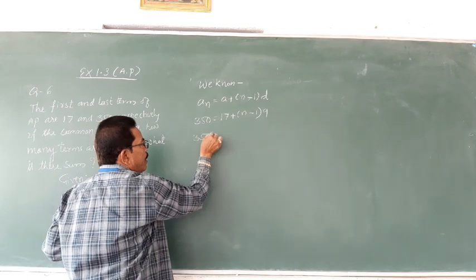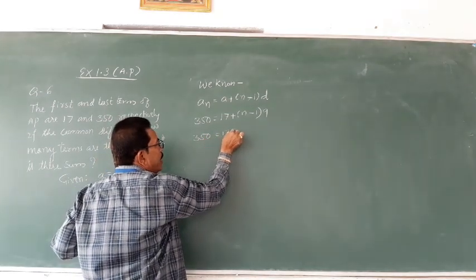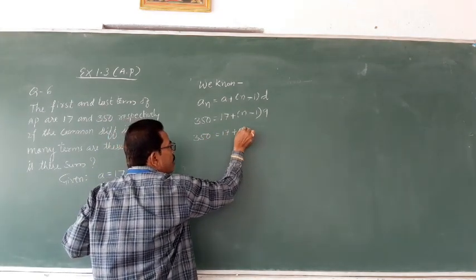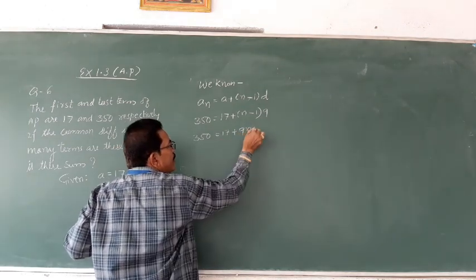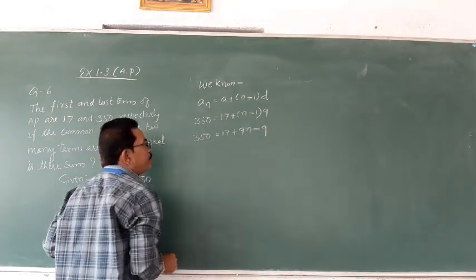So 350 equals 17 plus 9 into n, 9n minus 9.